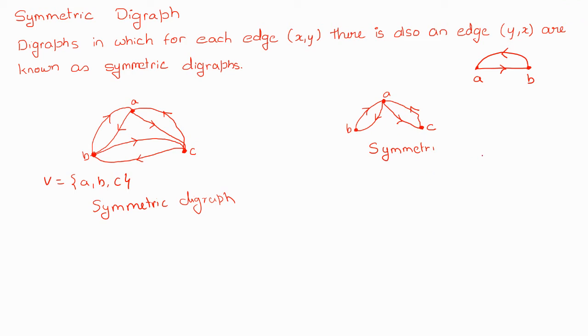Now suppose the same graph was like this, A, B, C, and like this, and there was an edge from B to C and no edge from C to B, then this would have been called asymmetric, a non-symmetric diagram.